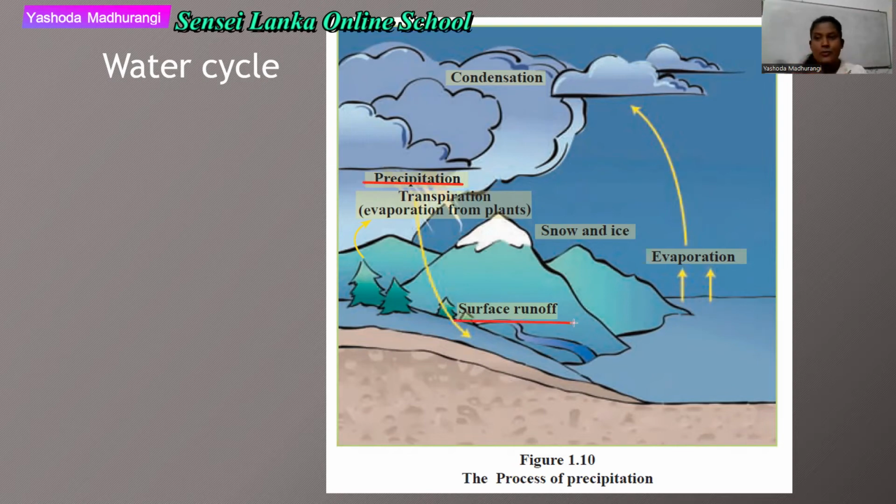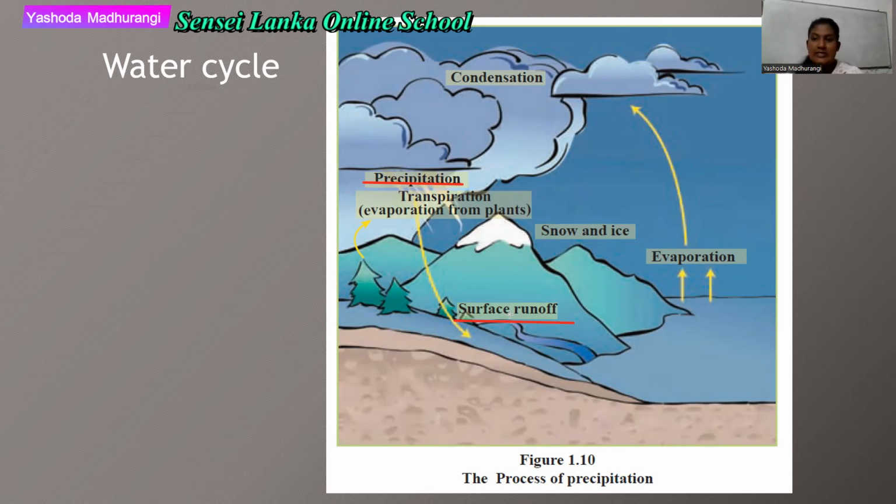Water is flowing on the surface of the earth. It is called surface runoff. And finally, they go into rivers. Rivers go to the ocean. The water of the rivers goes to the sea.